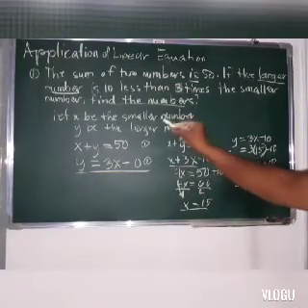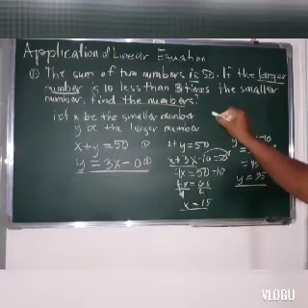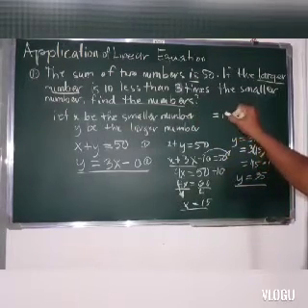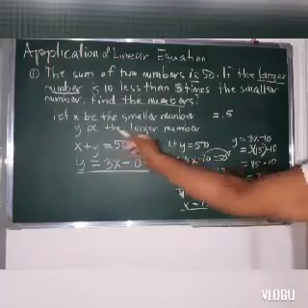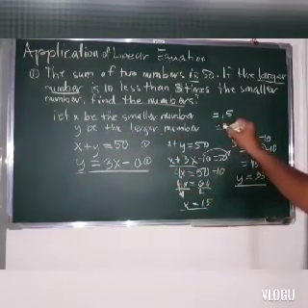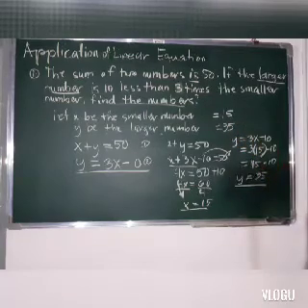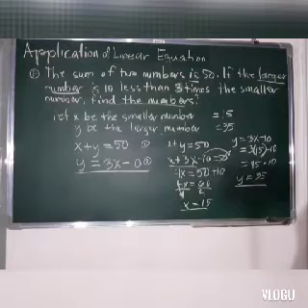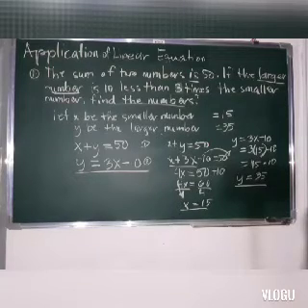Therefore, the smaller number is 15 and the larger number is 35. Got it? Okay, so that is an example for an application of linear equation. So I'm going to give you more examples.